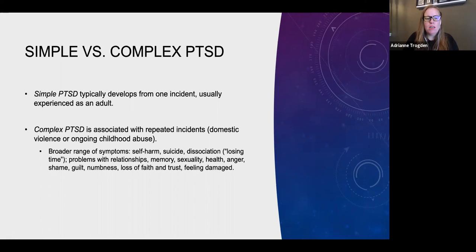And so it's a little bit simpler of a pattern to identify than complex PTSD, because often that starts in childhood and is just compounded upon as the person grows older. So those are the two broad categories of trauma that we look at, and they can have implications for the work that we do with somebody.